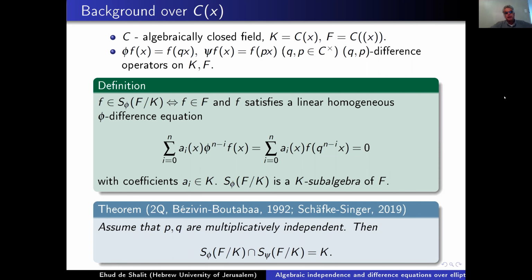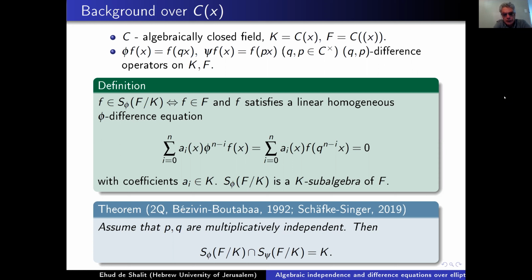So you consider an equation of the form summation a_i(x) f(q^(n-i) x) equals 0, and you look for solutions in the large field F. And you let S sub phi be the collection of all such power series. And it is rather easy to see that this is a K-subalgebra of F.